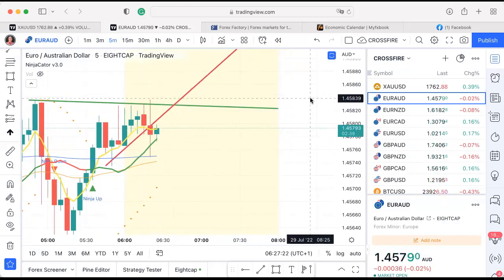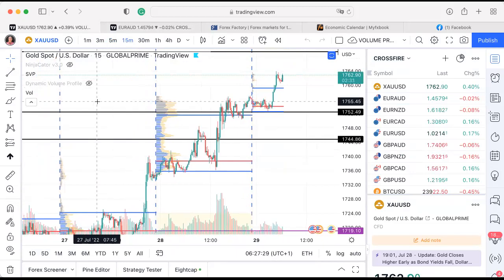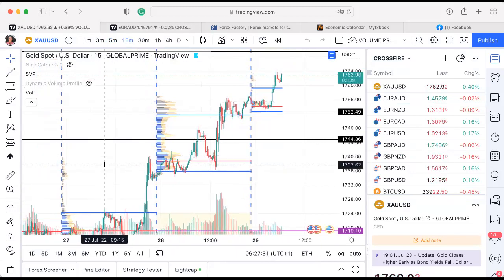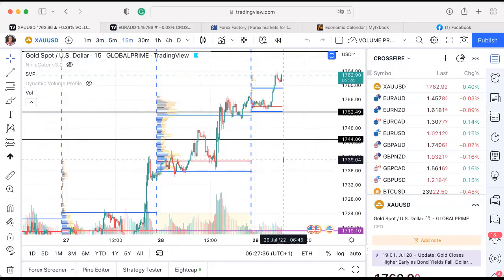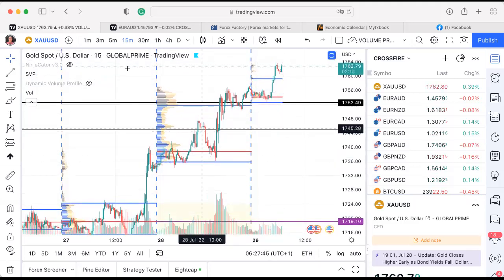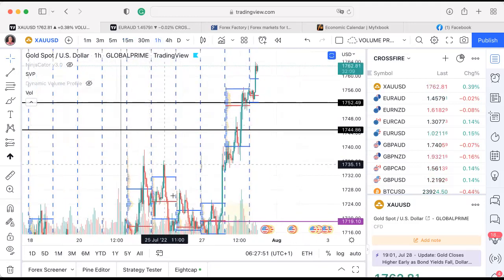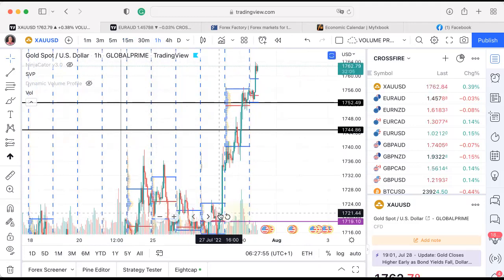Shall we just have a quick look at volume profile from yesterday, just as a matter of interest? Not wanting to confuse anybody, but I work on 2 strategies, and this is the other one. On the 15-minute chart, looking at gold, which is what I concentrate on, if I put the 1 hour time frame on, you can see that price is starting to move upwards.